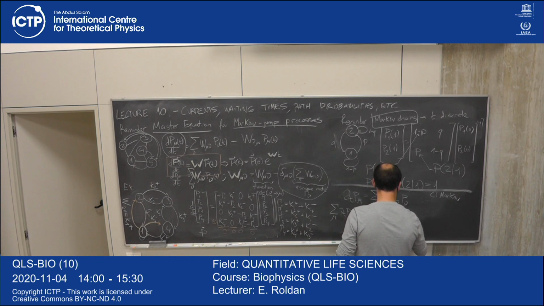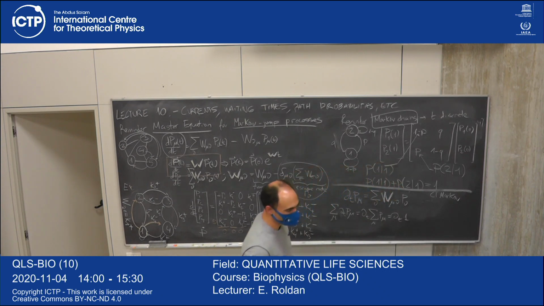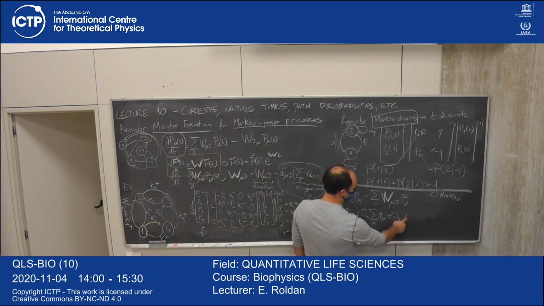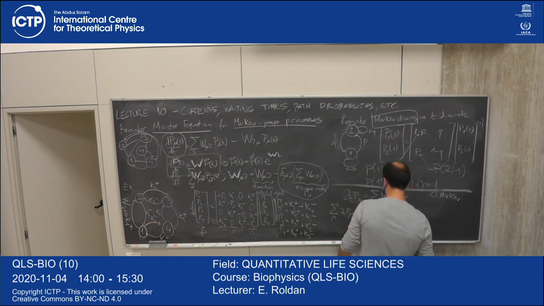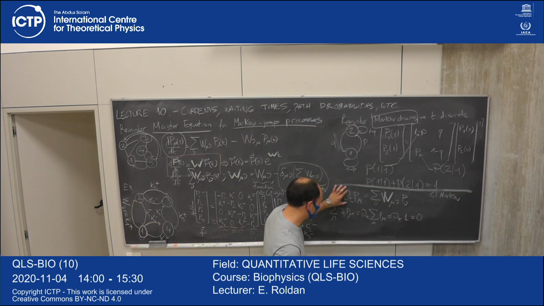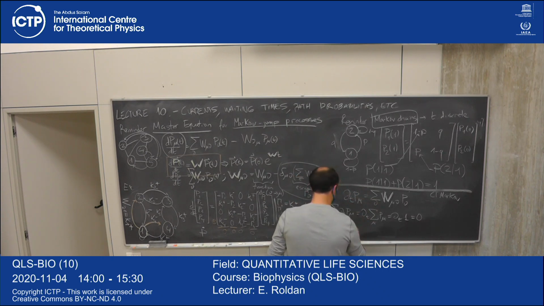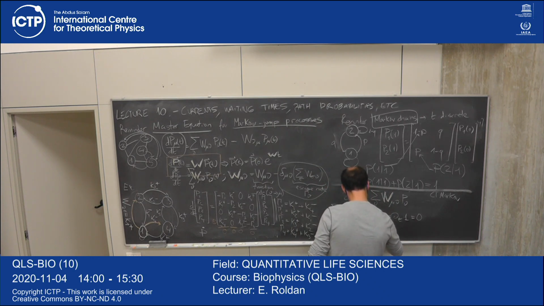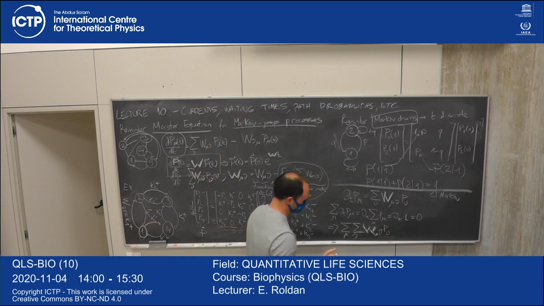So this is partial t of 1. And what is partial t of 1? 0. This doesn't depend on time. So the derivative of 1 with respect to time is 0. So if I sum over mu, this is 0. This means that if I sum over mu all of W mu nu P nu, this must be 0.